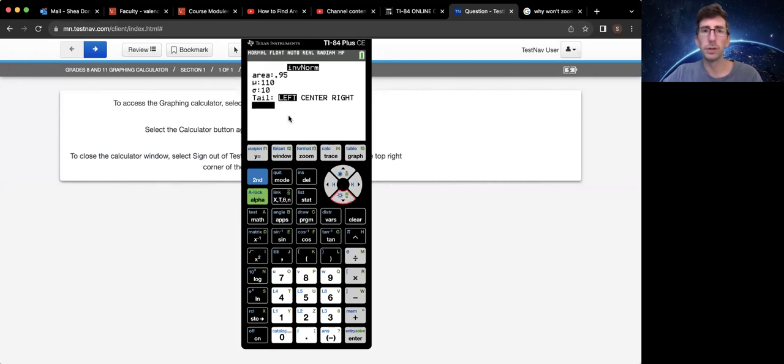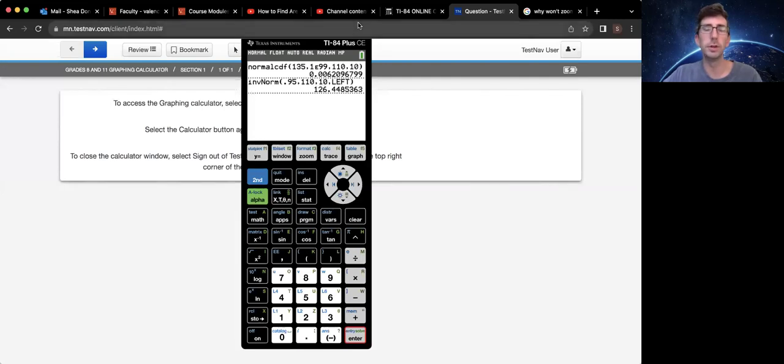Just ignore the last option and hit enter and enter again. What this is telling us is you need at least an IQ score of 126.448, or 126.45 if you wanted to round, to be in the top 5% of all IQ scores according to that distribution. And that's the answer.